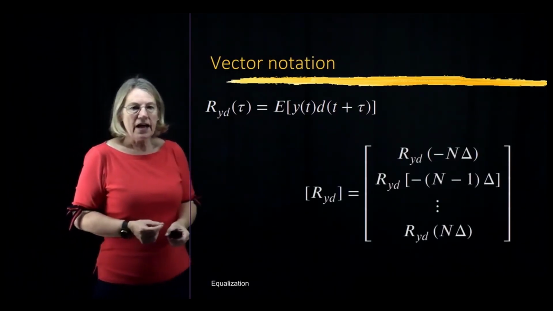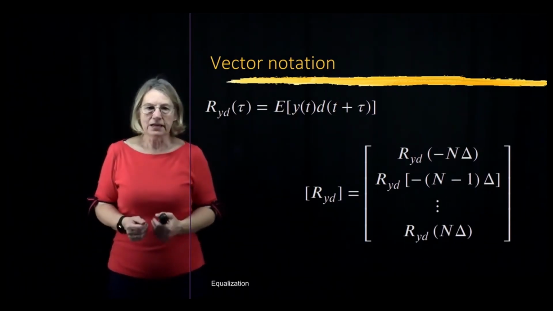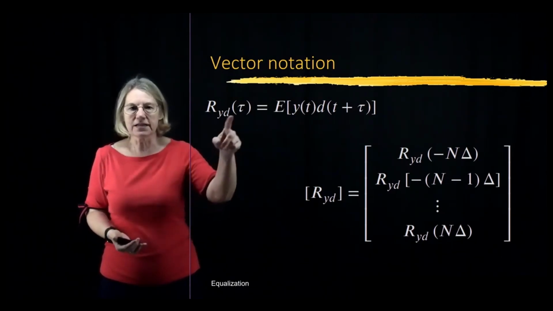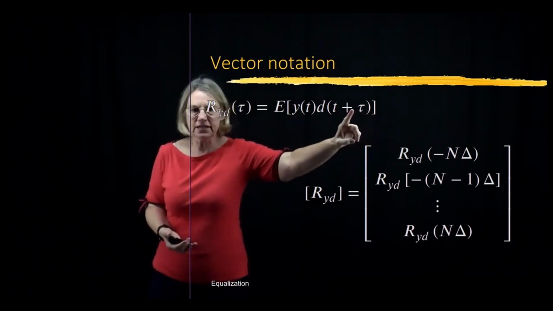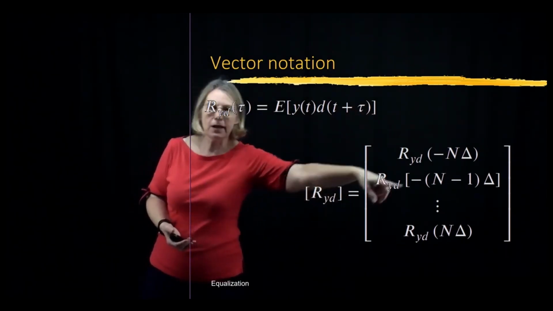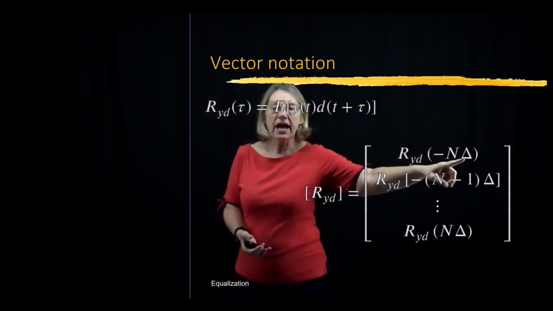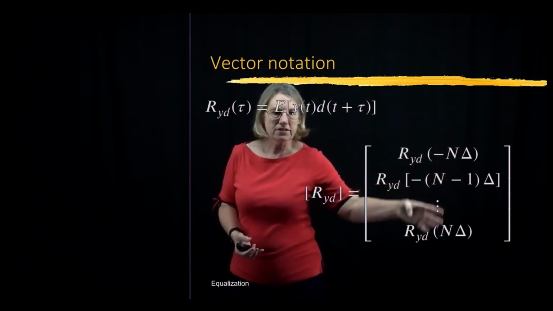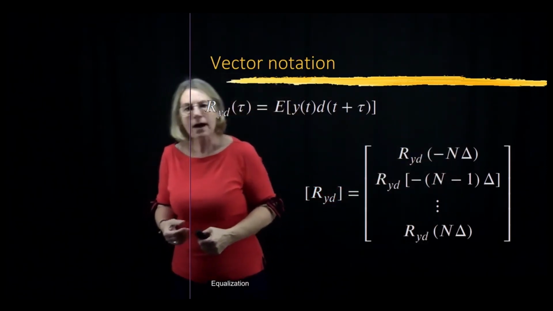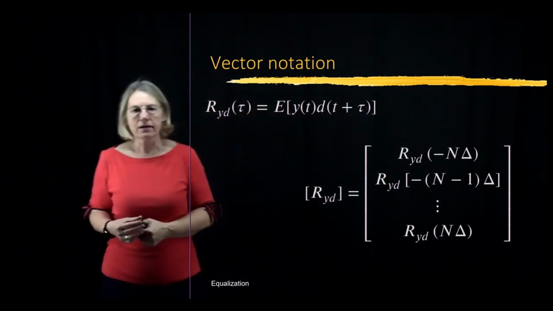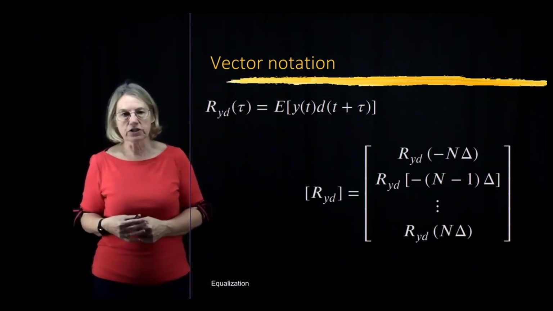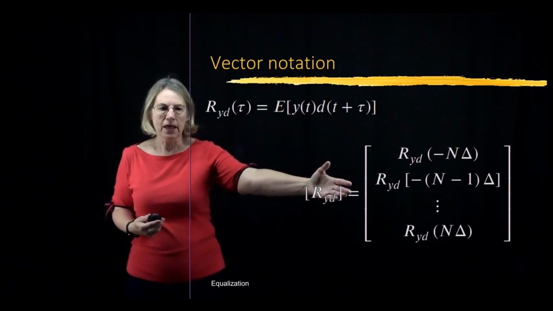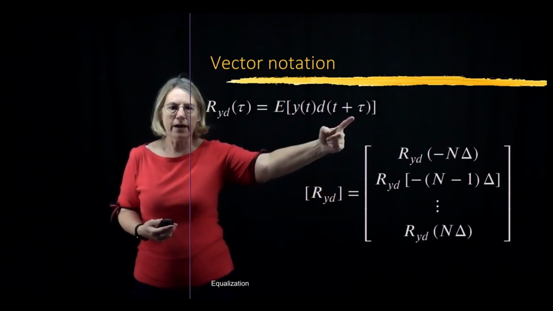If I were to make a sampled, digital version of this, since it is continuous for any tau, I can use values of tau that are multiples of the delay inside my equalizer. With 2n plus 1 taps, I could make a sampled version of this correlation function with 2n plus 1 points. This becomes a vector in my vector notation, and each entry is an expected value for a particular lag.